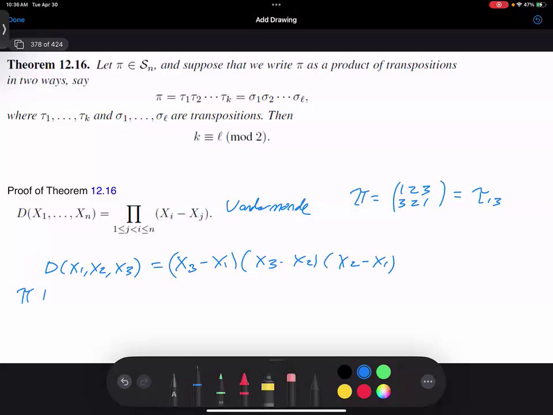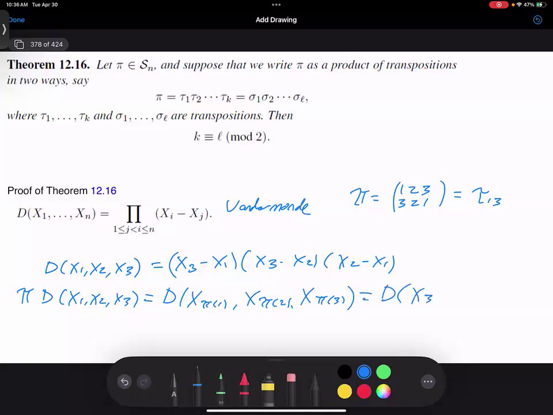And now if I apply pi to d of x1, x2, x3, that's going to be d of x pi 1, x pi 2, x pi 3. That's going to be d of x3, x2, x1. So basically, wherever I had an x3, I replace it now with x1. Wherever I have an x1, I replace it with an x3.